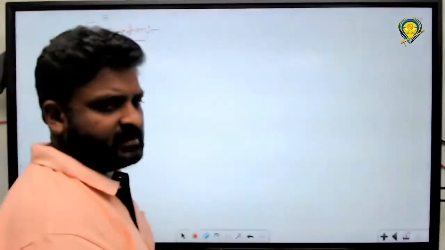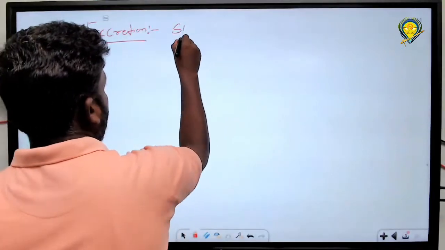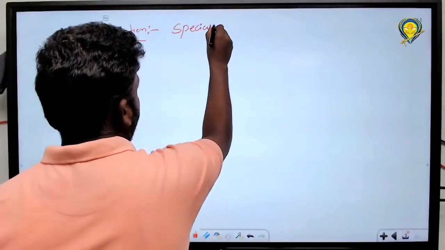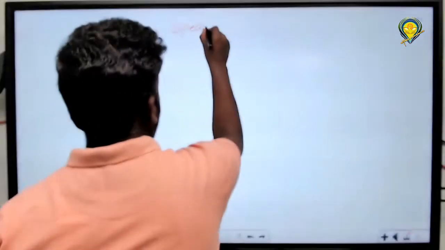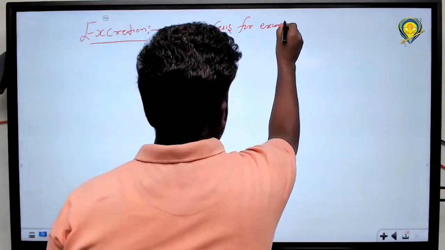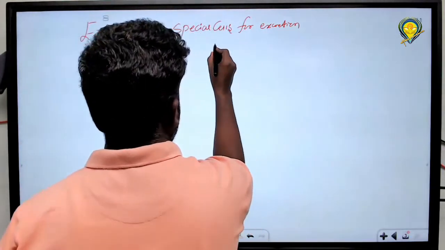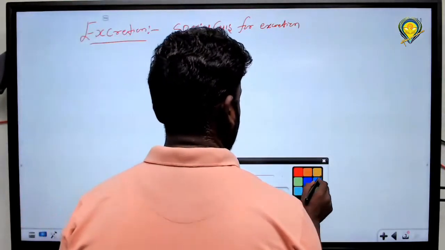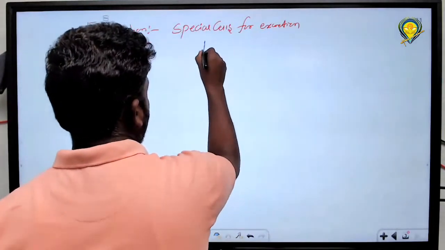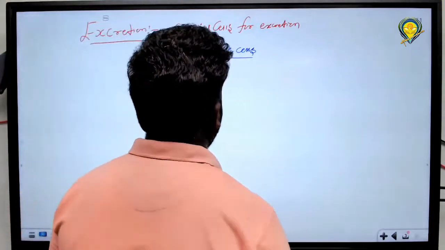There are special cells for excretion called flame cells. These are the excretory organs in Platyhelminthes, right?